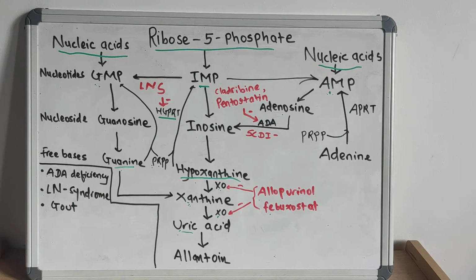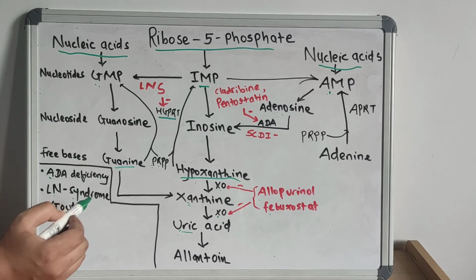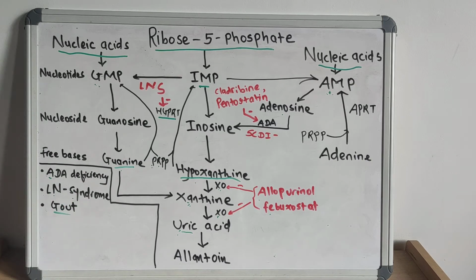And there are three conditions: adenosine deaminase deficiency, Lesch-Nyhan syndrome, and gout. These three conditions can be encountered in the purine salvage deficiencies.